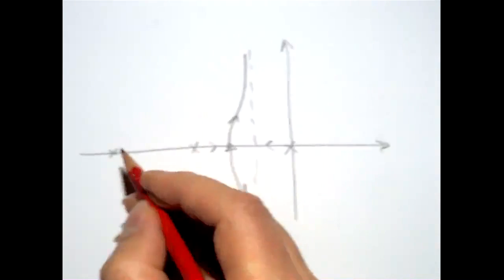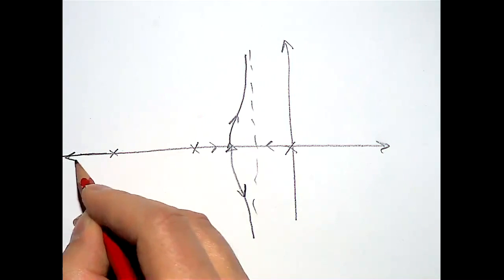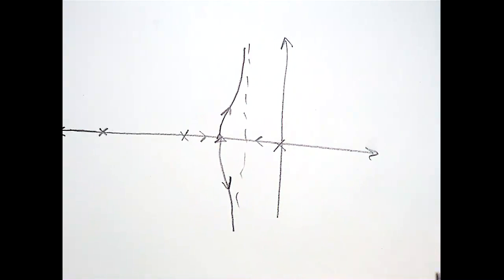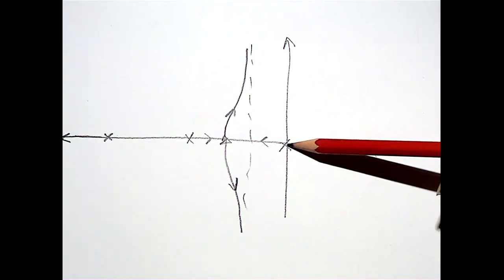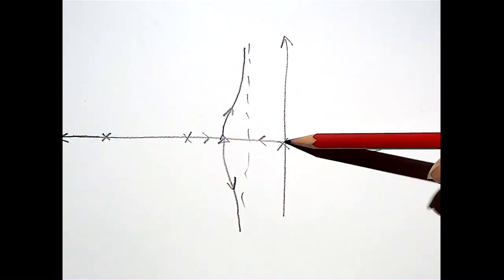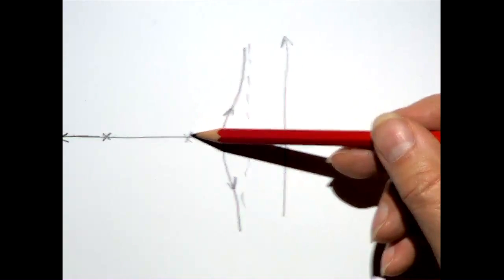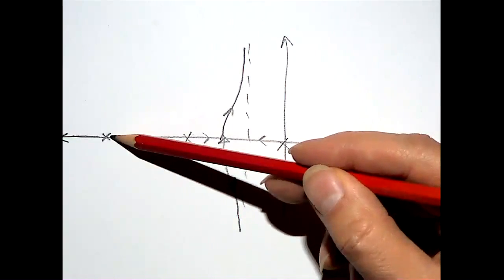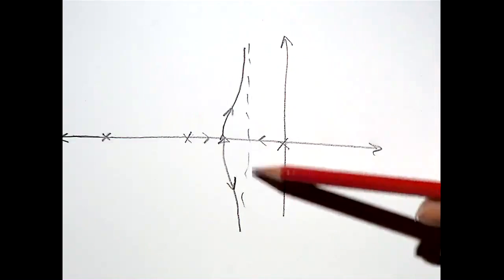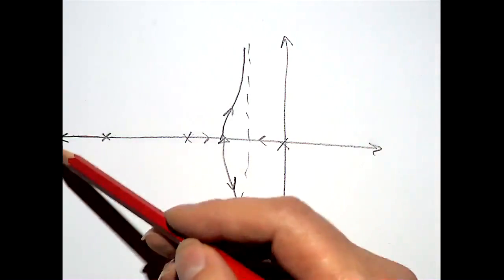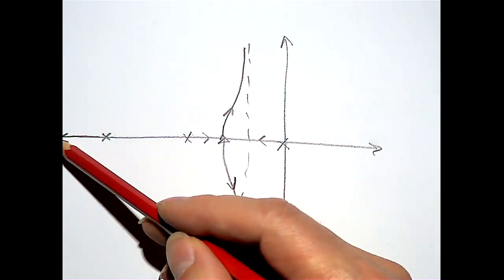The root locus had a pole at the origin, so the open loop transfer function has a pole at the origin, a pole at some other point here, and another pole here. We had one vertical asymptote, right? And then maybe there was a zero here, I can't remember. Was there a zero here?